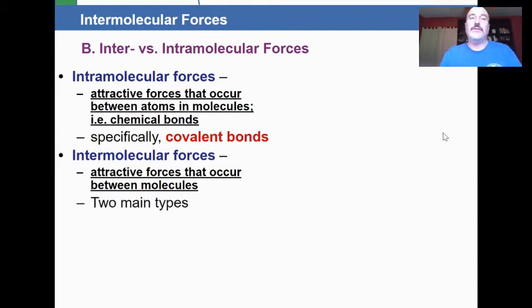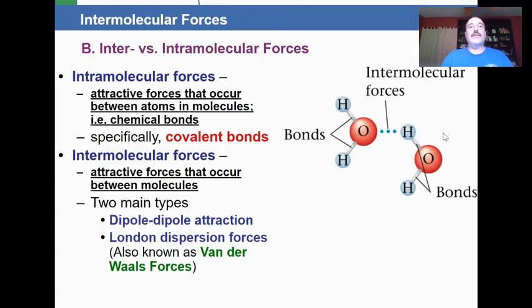Between separate molecules. Now, there are two main types of intermolecular forces. There are dipole-dipole attractions, and there are what are known as London dispersion forces, also known as van der Waals forces. London is the name of a scientist. Both London and van der Waals basically discovered this at about the same time, and therefore they both get credit.